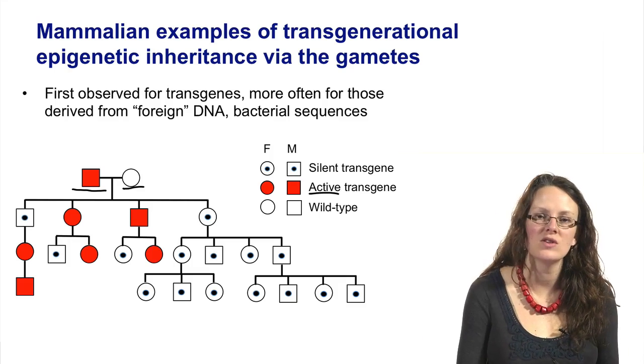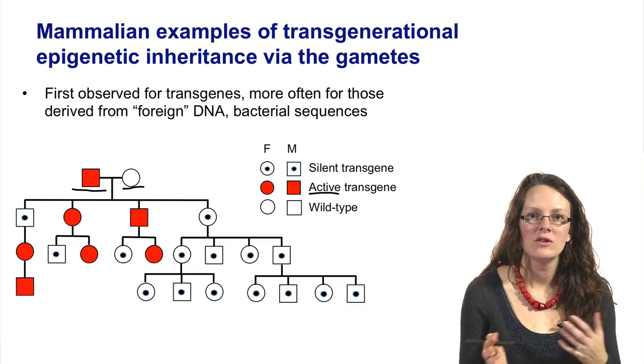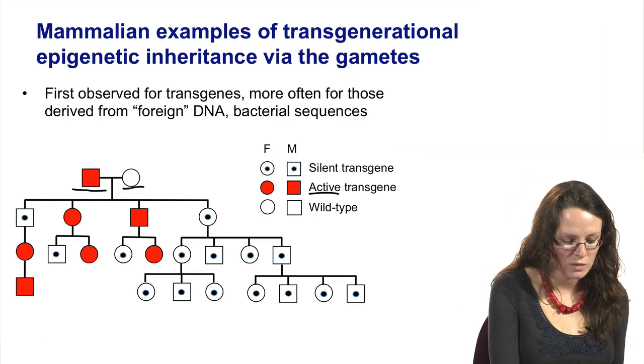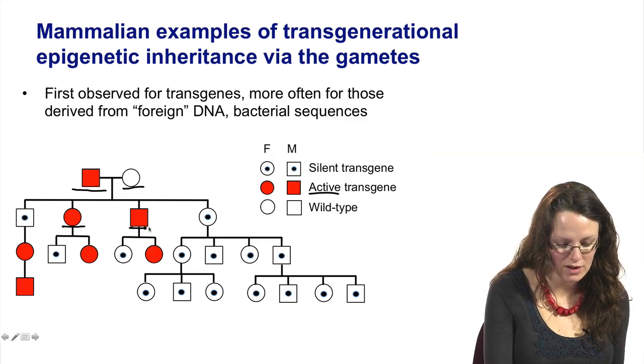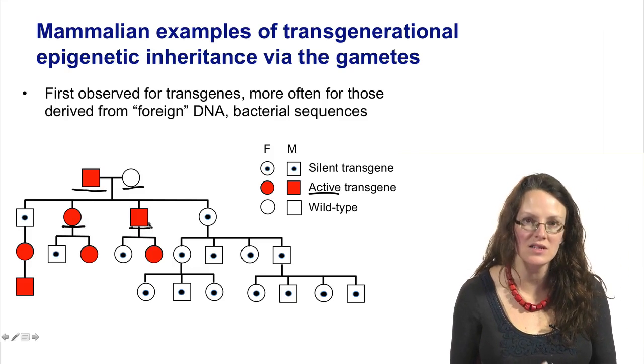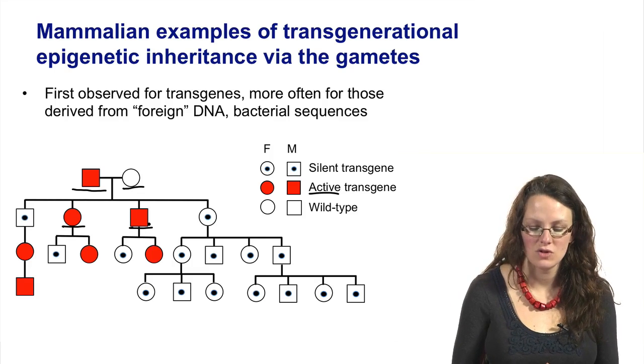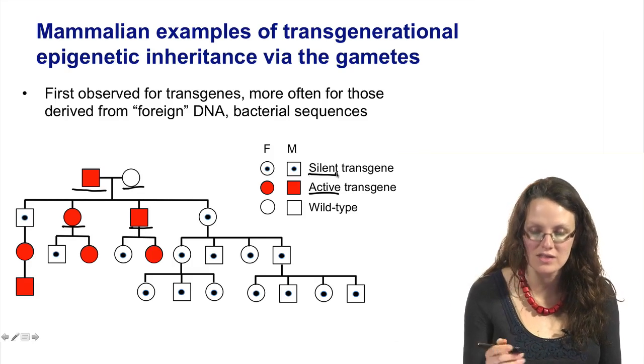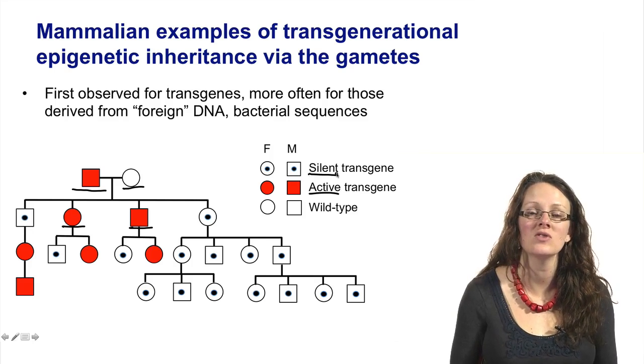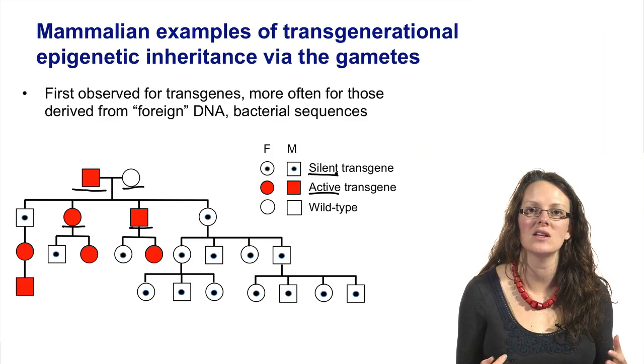But if we look at the transgenic offspring, they come in two varieties. They can either express the transgene, male or female, like these ones shown here, like their parent did, and so I'm showing them as red, or they can be silent for the transgene. What I mean by silent is that they do not express the transgene. It's epigenetically inactivated.